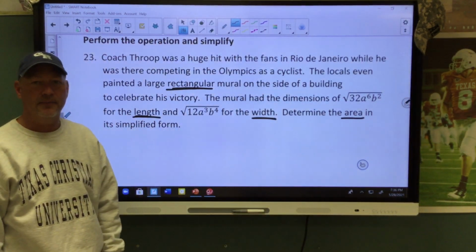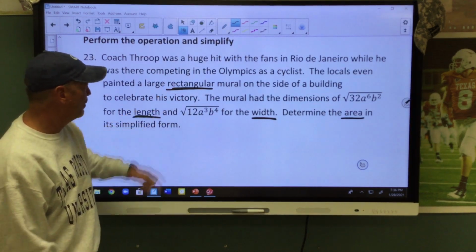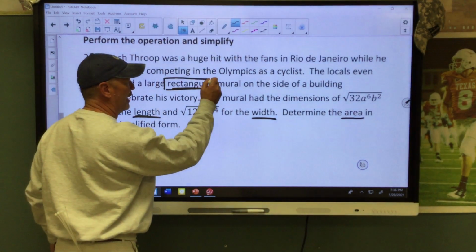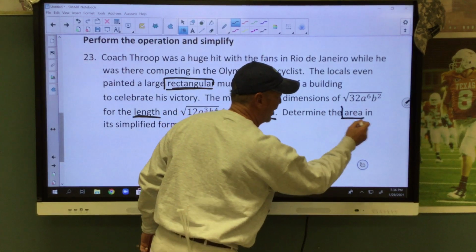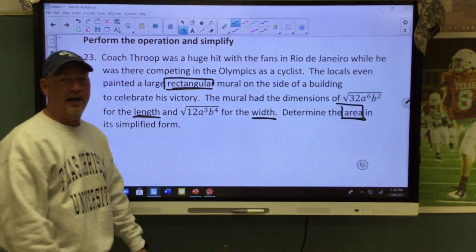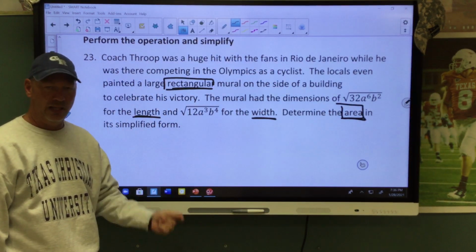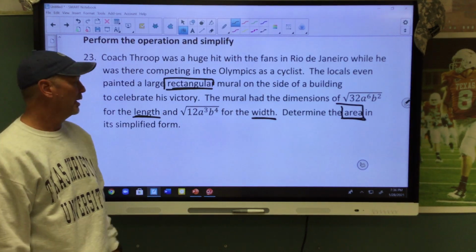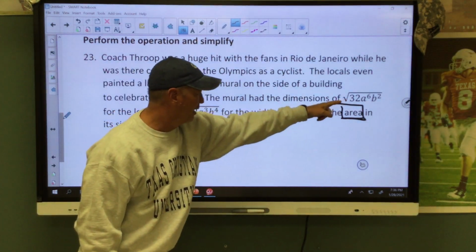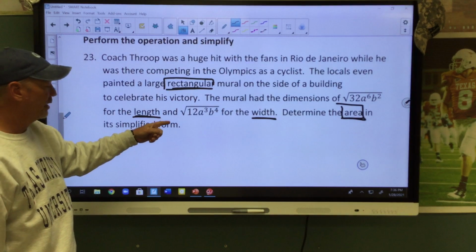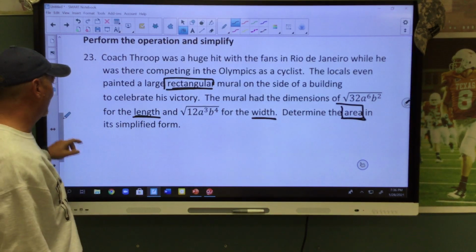How do you find area? If I have a rectangle and they're asking me to determine the area, what's the formula to find area? Length times width. This is your length. This is your width. So we need to multiply those together.